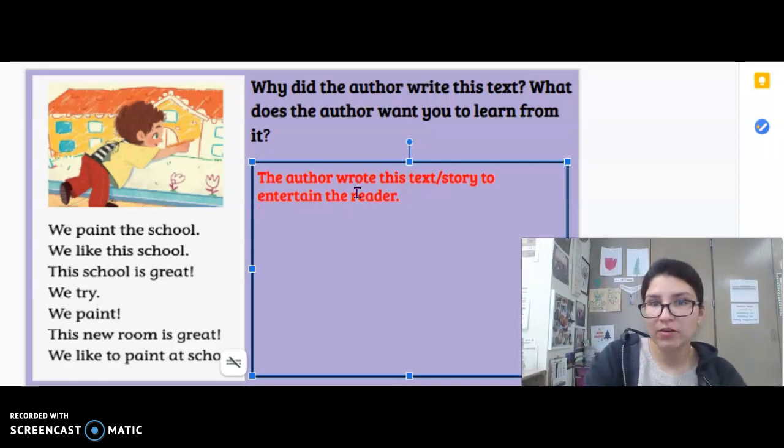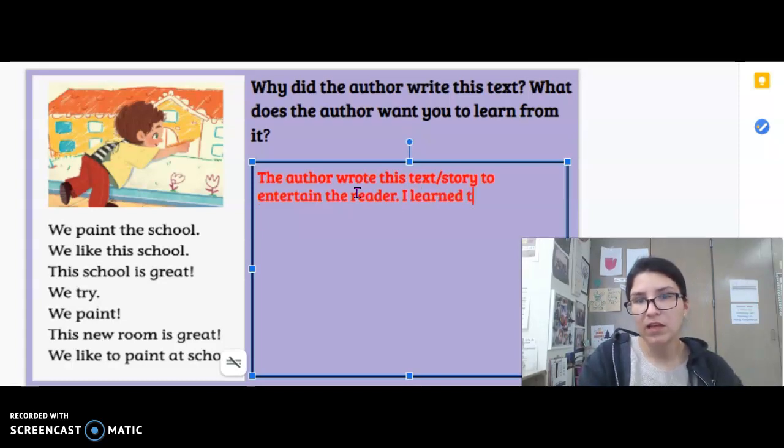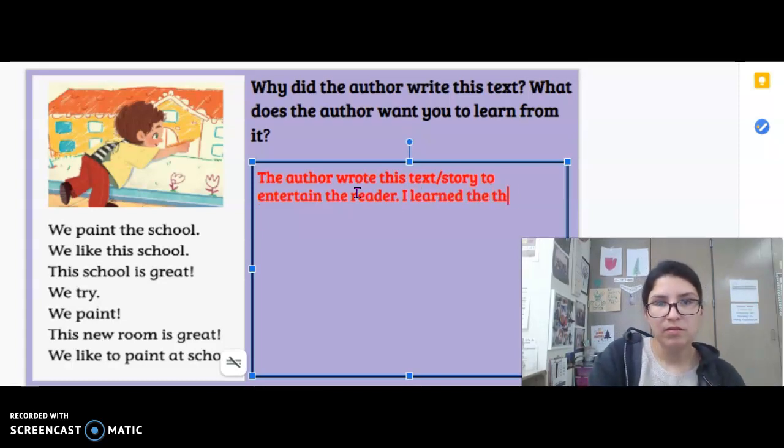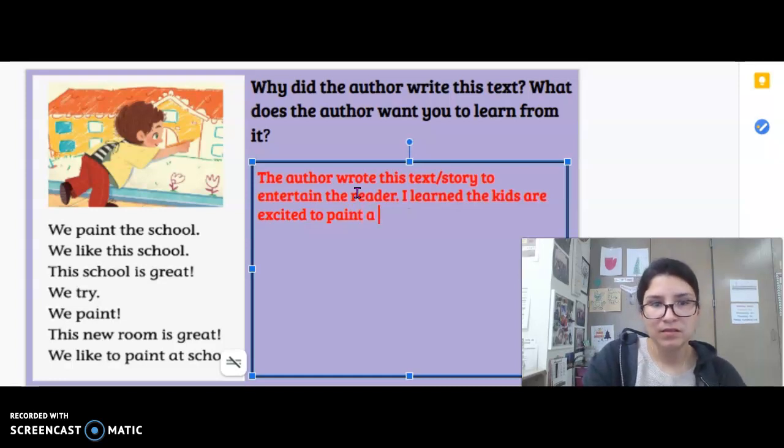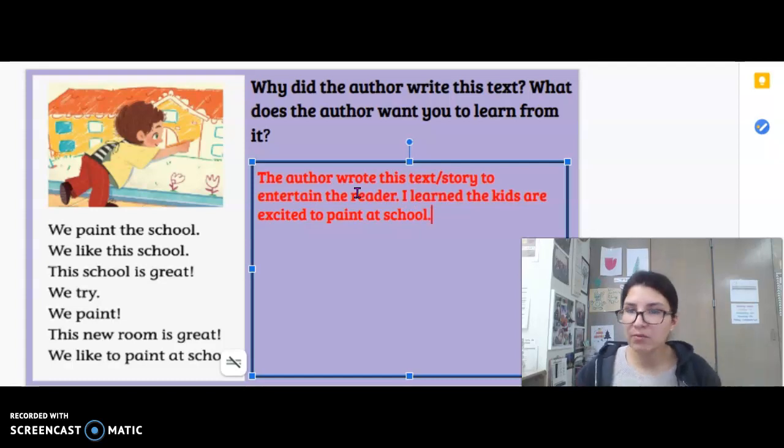What did I learn from the story? I learned the kids are excited to paint at school. Did I learn any real information, facts, something about a topic?